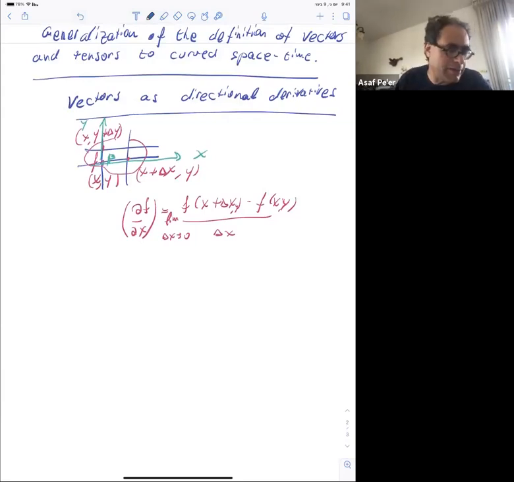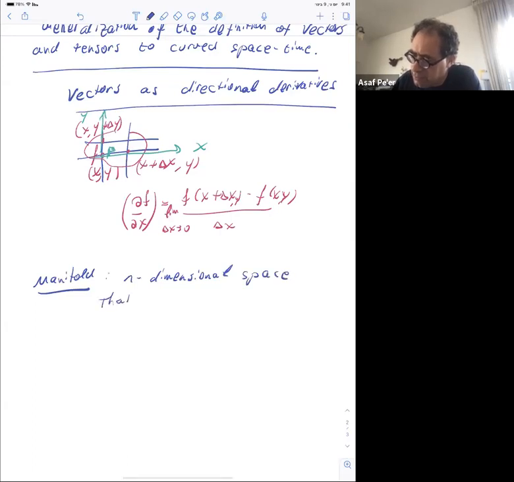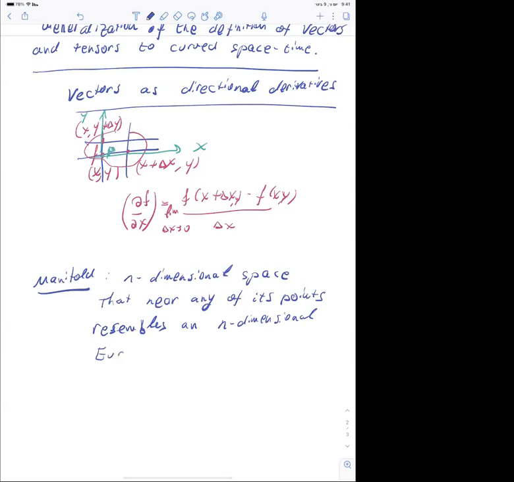So a manifold M is an n-dimensional space that near any of its points resembles an n-dimensional Euclidean space.